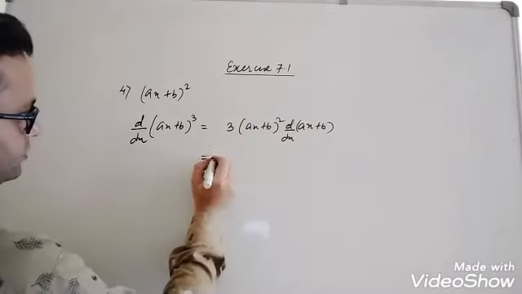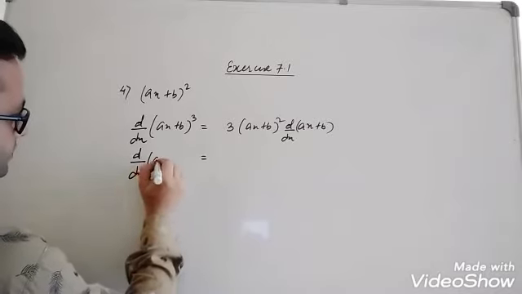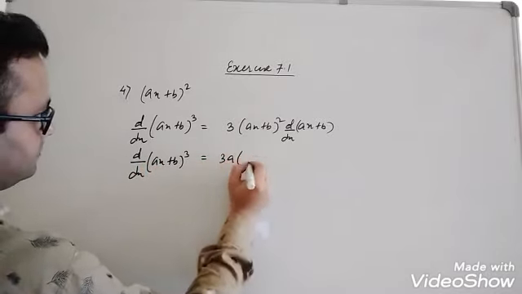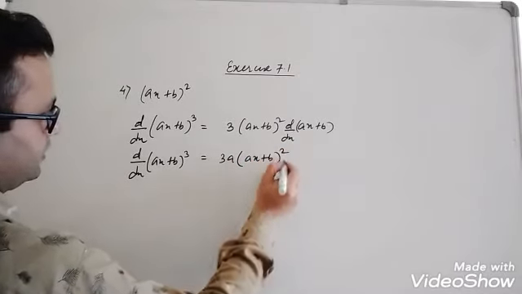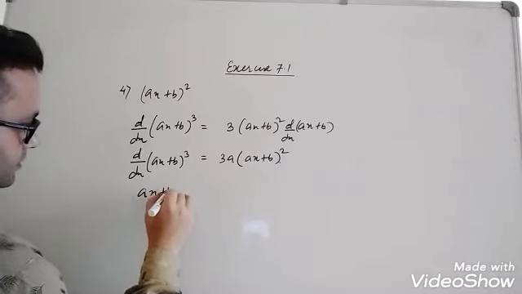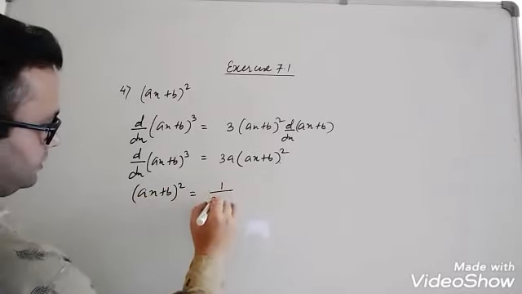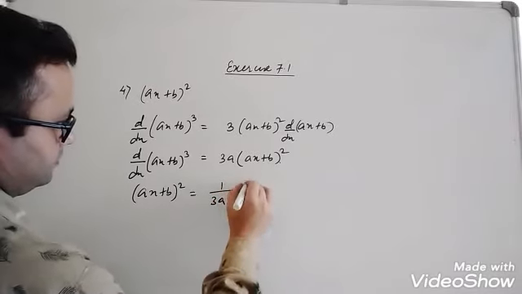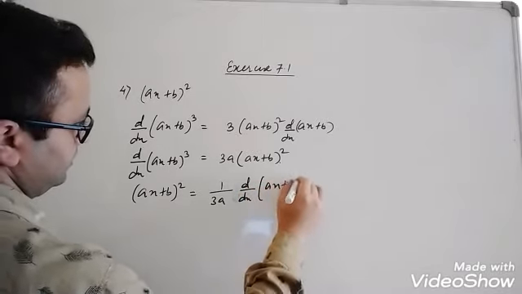So d/dx of (ax plus b) whole cube is 3a (ax plus b) square. So (ax plus b) whole square equals 1 by 3a d/dx of (ax plus b) whole cube.